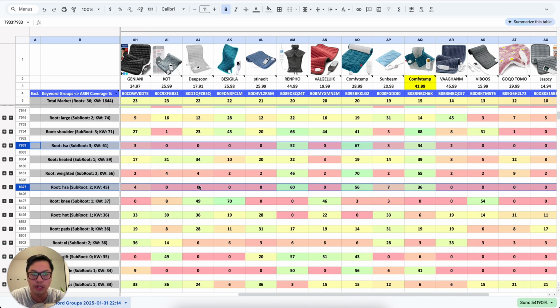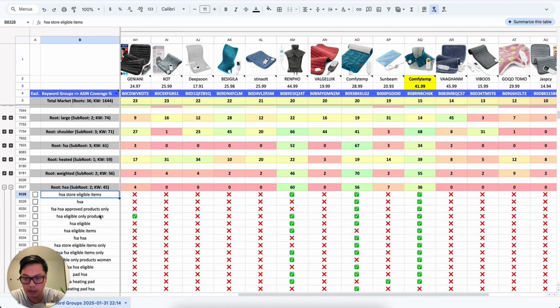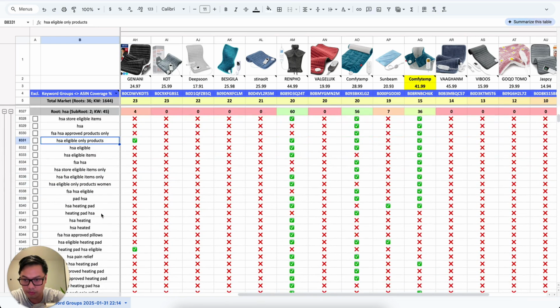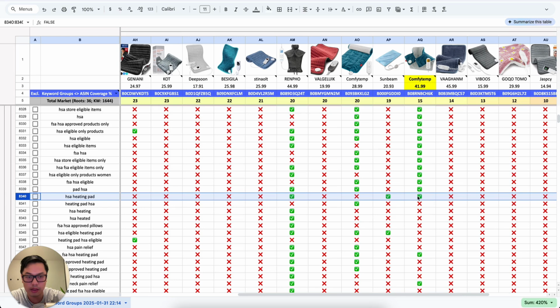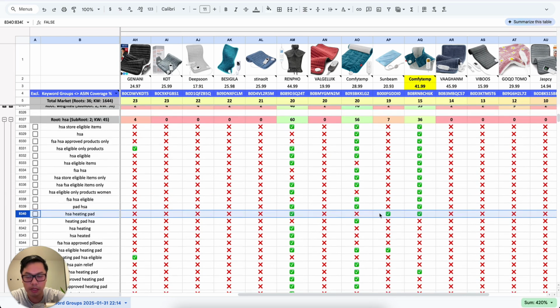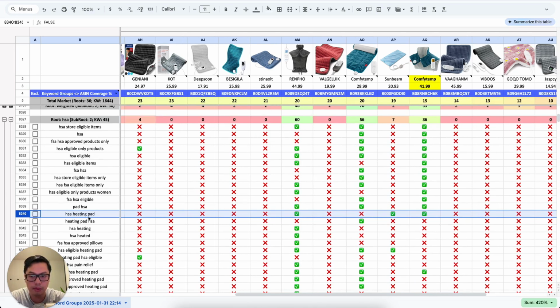They're doing a search that says heating pad. You know what? Let's actually get an actual keyword. They're doing just a heating pad, for instance, right? So there's a check mark to this. So basically Amazon thinks we're relevant for something like this. I tried to find something very specific to the heating pad, but people are searching that up.